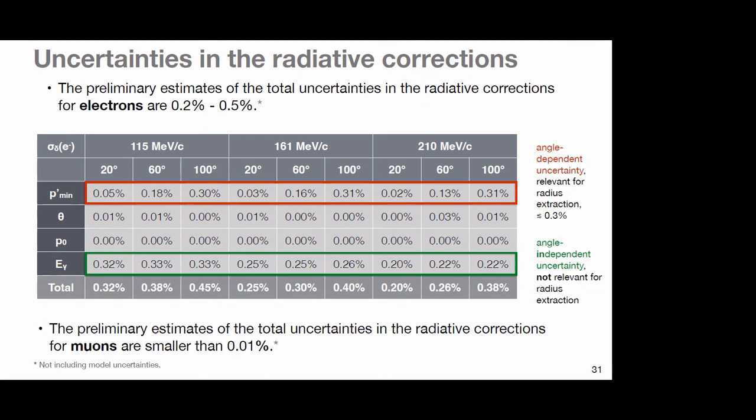That is a radiative correction which depends on the angle of the outgoing lepton, and that is a number which we want to minimize. Under the assumption which we discussed here, the uncertainty to the radiative correction due to our knowledge of P prime min is less than 0.3%, and that is within the specs of the experiment.